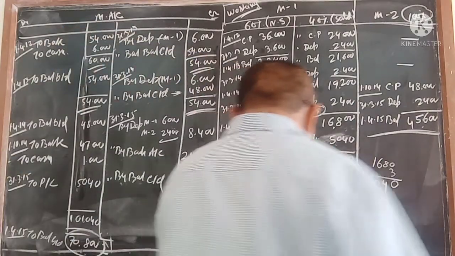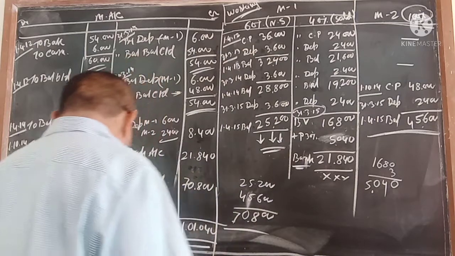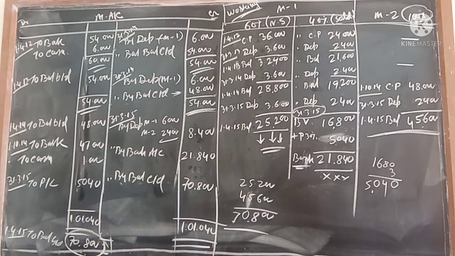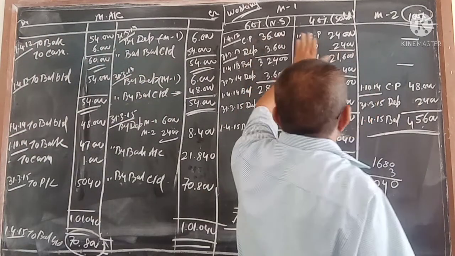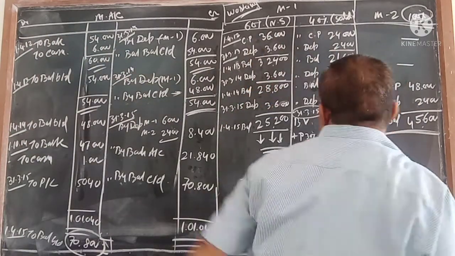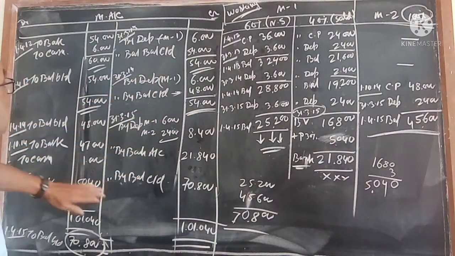Once again, I want to repeat this one and you try to follow it. This is the working of M1 60%, 40% and M2 100%. This is the machinery account which I have completed.